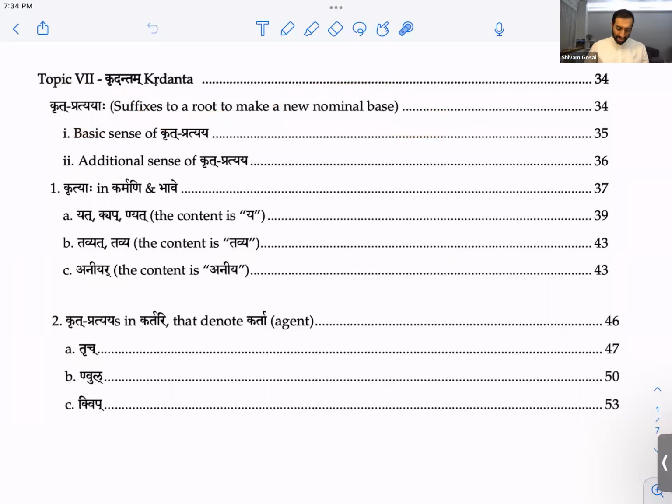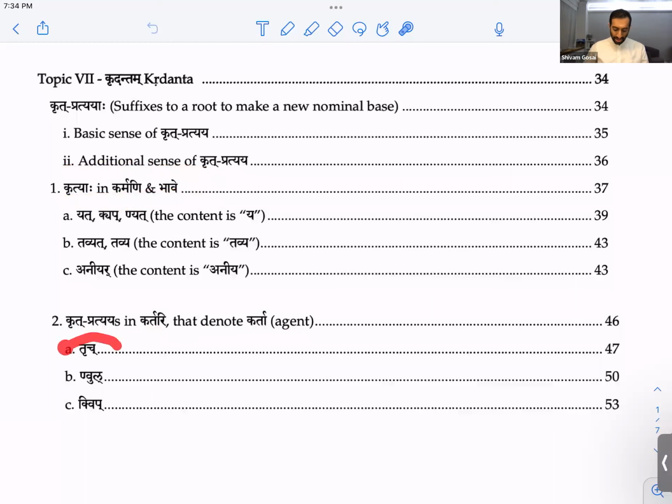They have the basic sense of one of the Karakas and additional senses that we can get in these. We saw these Krityaha for some time. These Krityaha give the meaning of Karmani and Bhave, so it's the object of action. Now we're looking at Krit Pratyayas in Kartari, those which denote the Karta, the agent.